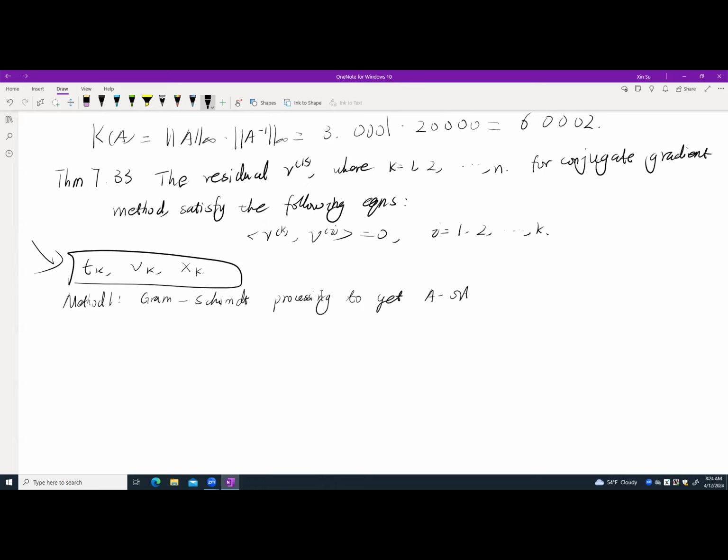But here, for method two, if you take a look at an A-orthogonal set, and at method two, the algorithm table I gave you, you would find that people using method one would use V0, the initial vector, or if you follow the index here, it should be V1, right?